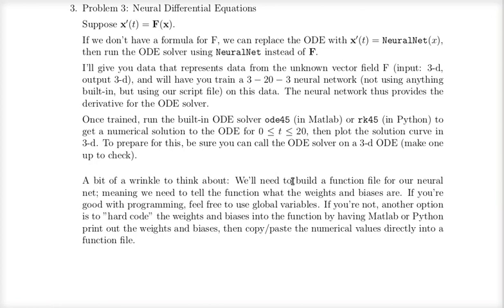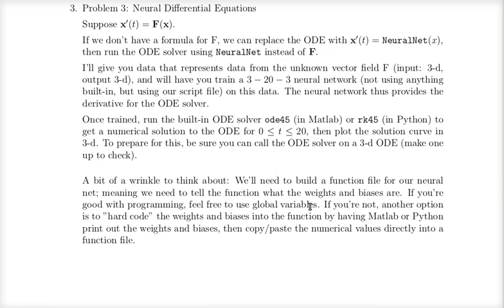The second thing that we need to prepare for is how would you build a function file for the neural network? I need a file that represents the neural net, and that's why we're just doing this really simple one, 3-20-3.